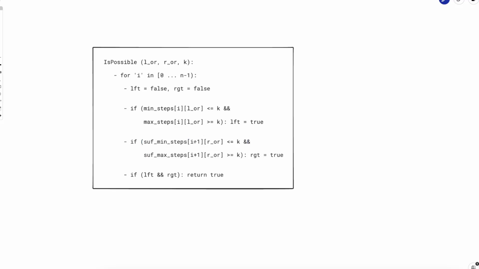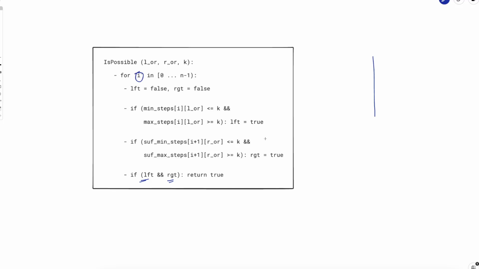And once you have figured this out for a particular separation, you can simply check whether both left and right are true or not. If it is true, you will simply return true. If it is false, you will try out the next possible separation and again do exactly the same thing.